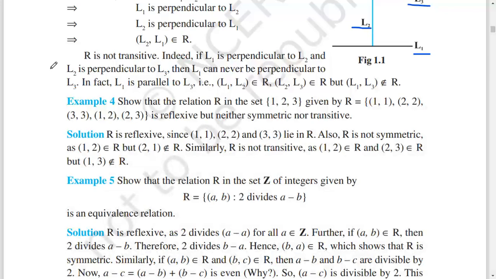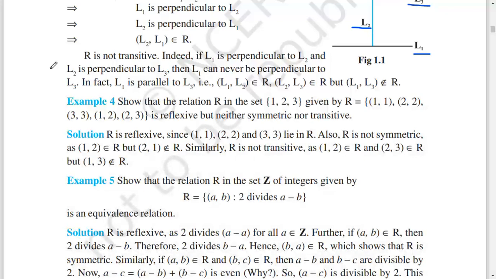R is not transitive. Indeed, if L1 is perpendicular to L2 and L2 is perpendicular to L3, then L1 can never be perpendicular to L3. In fact, L1 is parallel to L3. That is, (L1, L2) belongs to R, (L2, L3) belongs to R, but (L1, L3) does not belong to R.